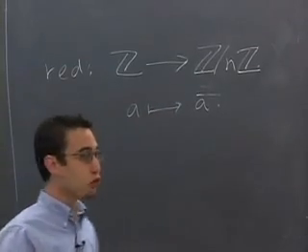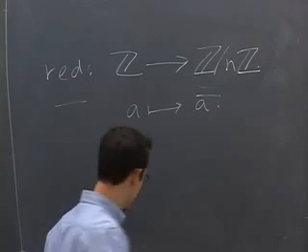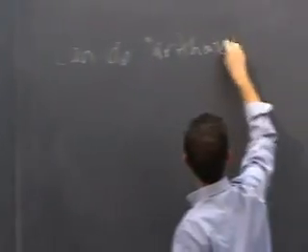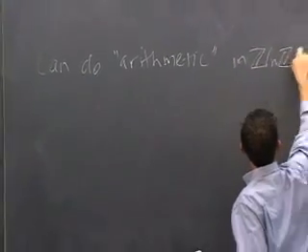We're going to make this a group, and this map is actually going to become a homomorphism. So let's start studying how this inherits an arithmetic from Z. So we can do arithmetic in Z mod nZ.